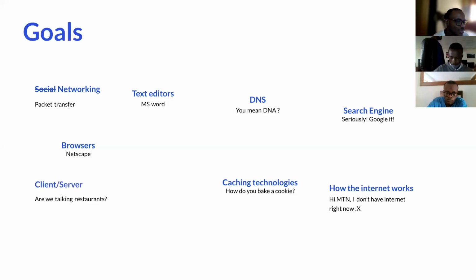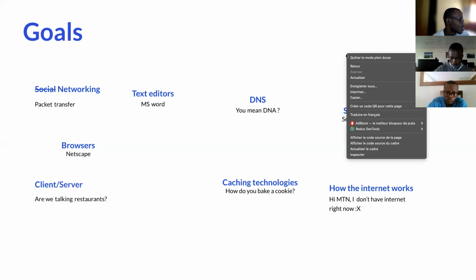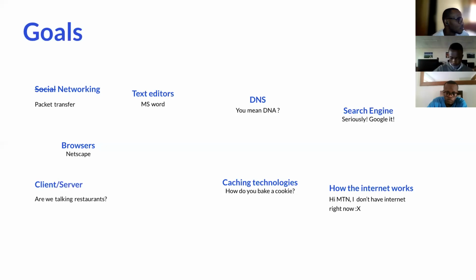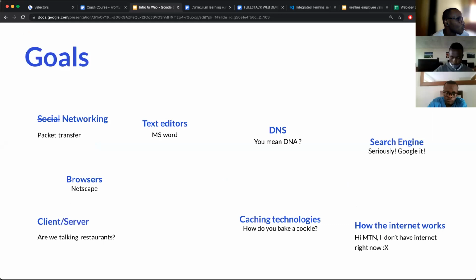Look at the client server. I'm not sure if we're talking restaurants here or if it's something else maybe, but we'll also talk about the client server architecture that exists in web development. We'll talk about, hold on a second.